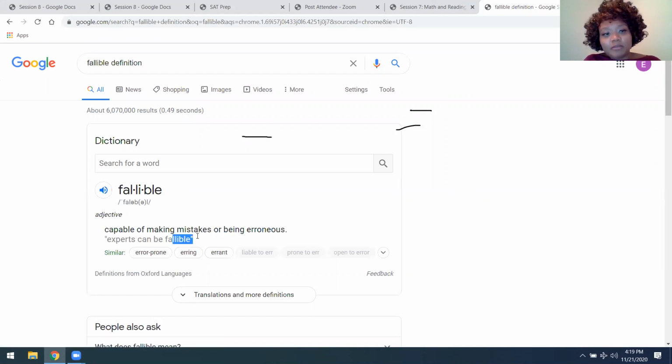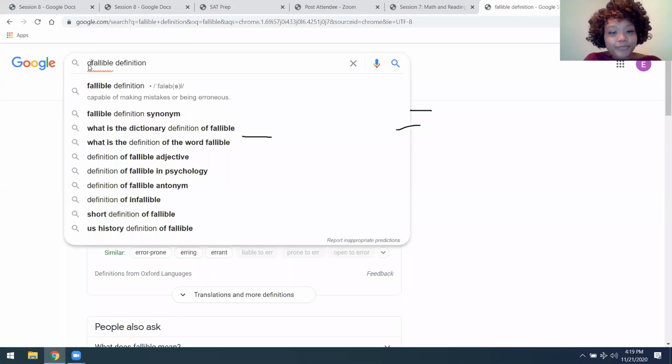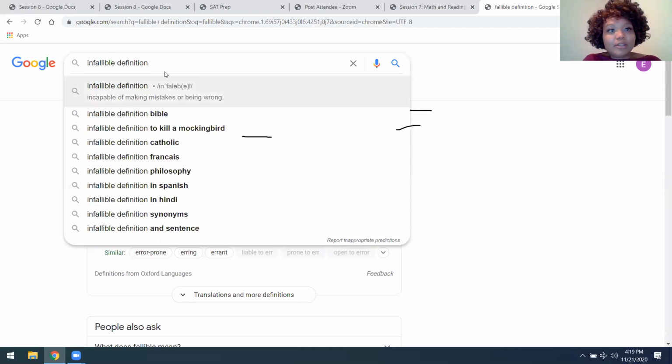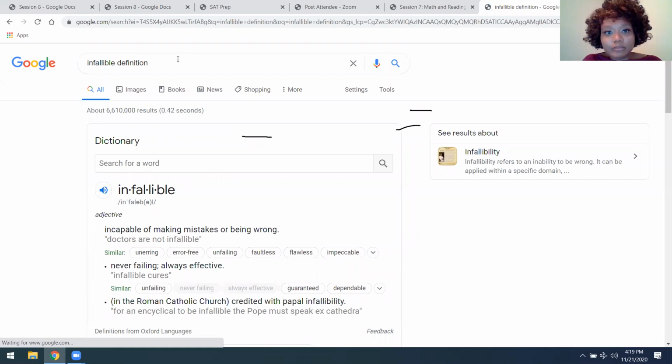Experts can be fallible. So when you put the IN in front of a word, a lot of times it negates what that word means. Yes, exactly. So me telling you this is something to remember because this is going to help you.